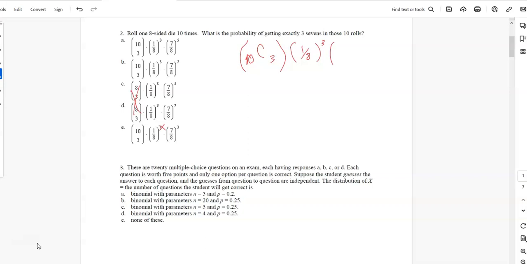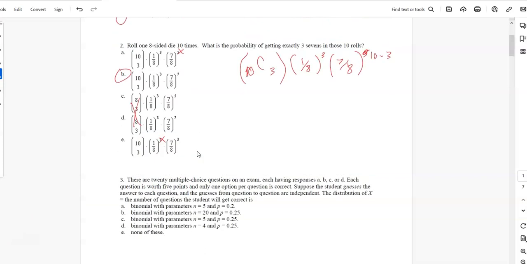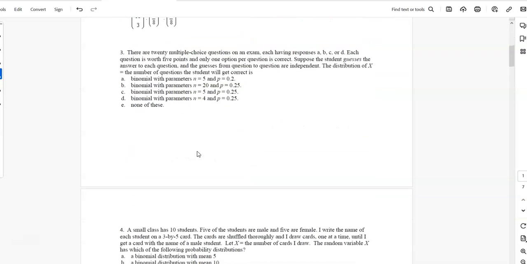Then q, which is 1 minus p, is 7/8 to the n minus k, which is 10 minus 3 power, or 7th power. So that one doesn't seem quite right. It's got to be B. And then just work that out. You type that in your calculator, type in nCr. It's your probability, I think. Okay.